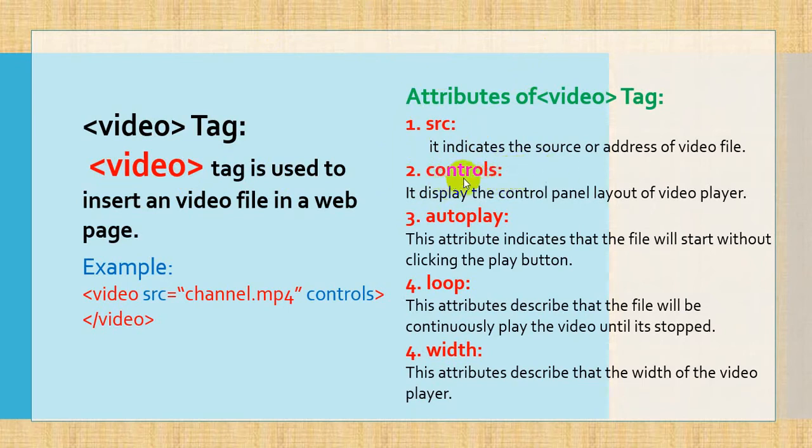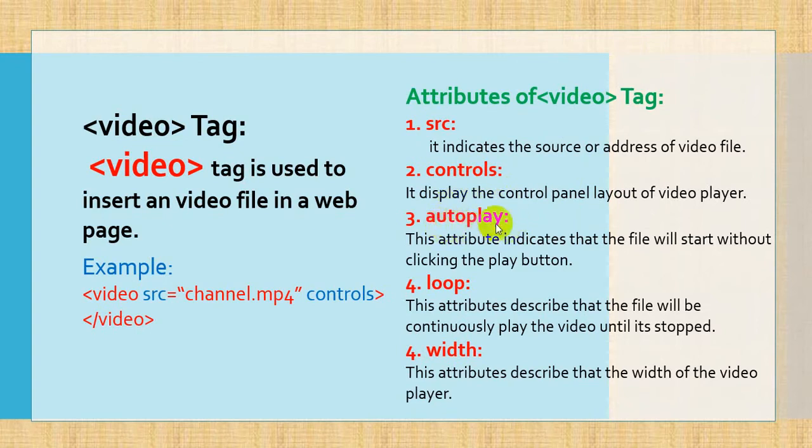If you use the controls attribute, you will get controls on your player. Controls means you can play, pause, forward, increase the volume, and decrease the volume. In the same way, we have seen the autoplay attribute of the audio tag.